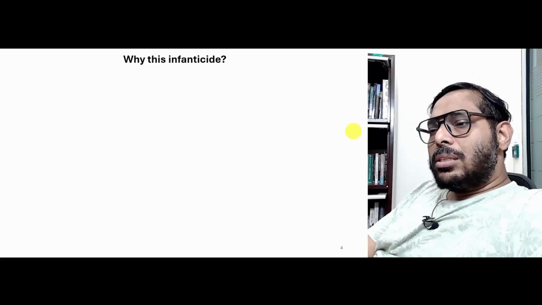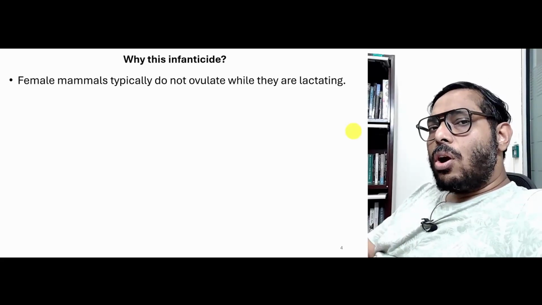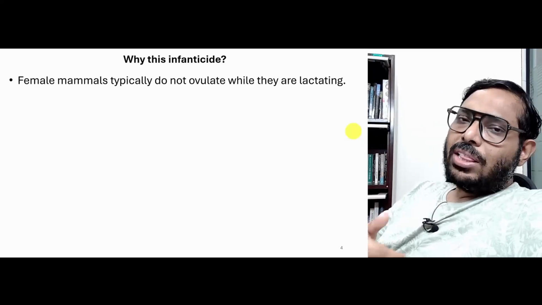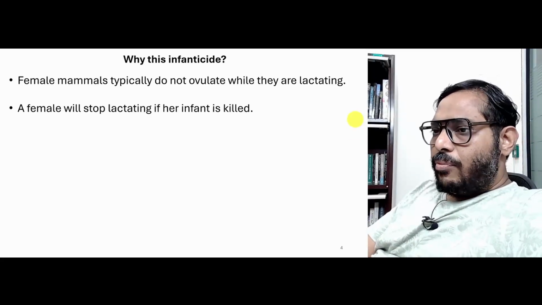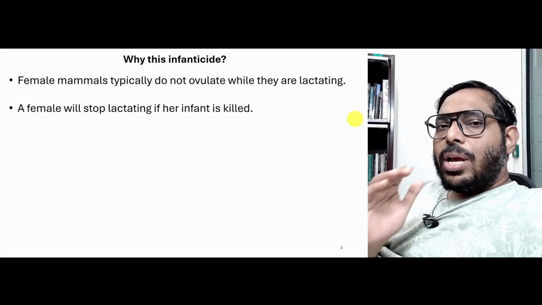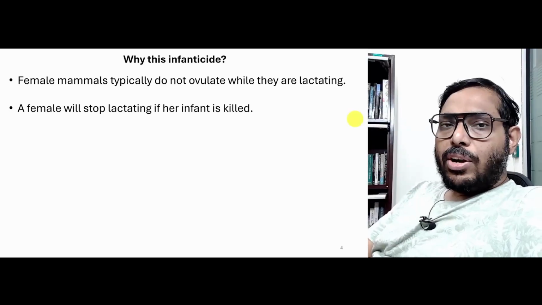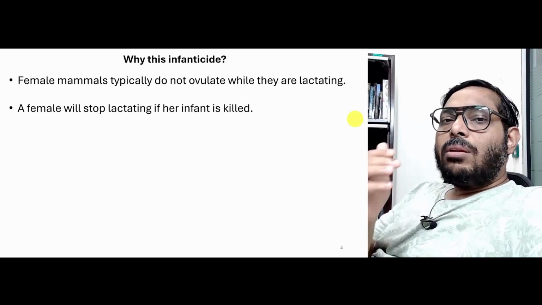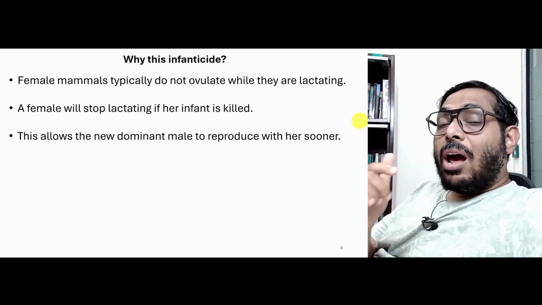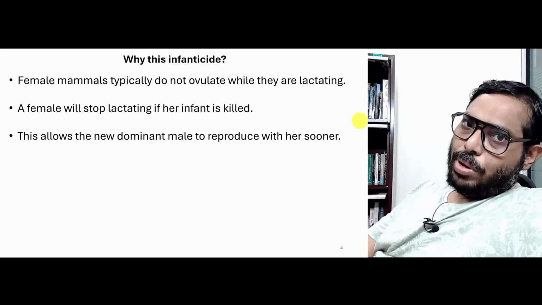It turns out that female mammals typically do not ovulate while they are lactating, while they are producing milk. At the same time, if you take a lactating female and kill its infant, there is no more infant to feed, so the female will stop lactating, and that is the point when the male can have access to the female and mate with it and produce a new baby.